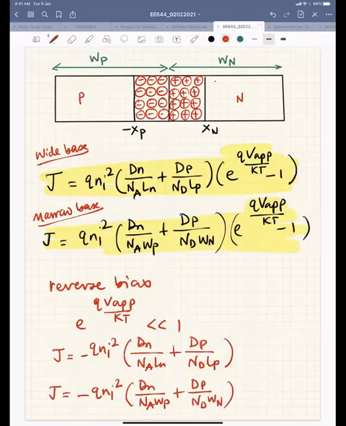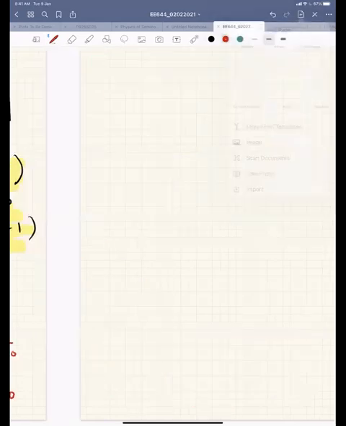So this we call the reverse saturation current. Here, if I plot this current, I'm mostly talking about reverse bias, so let me concentrate on the reverse bias case.